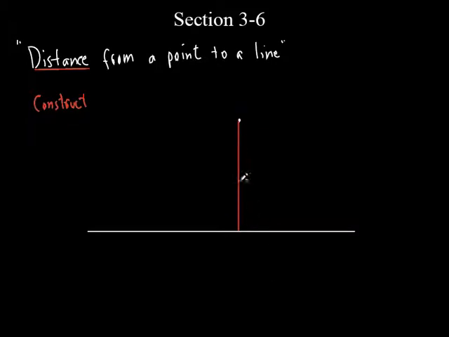Now, is that perpendicular right there? Is that red one and that white one, are they perpendicular? Yeah? How do you know? You don't know, because it looks like it? How would you know? A little box, right? Okay, draw the little box. Now you can say that this red one is perpendicular to the white one.